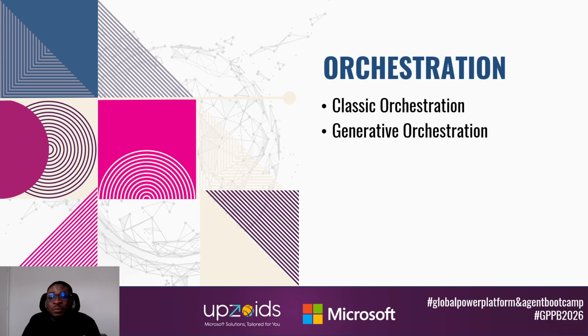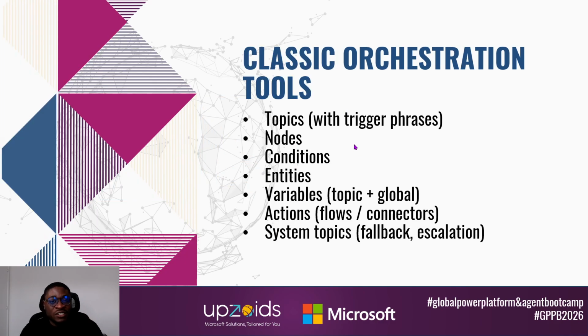So the big picture of how we actually go forward now is a mixture of both, where you maximize your generative orchestration, but you can still have some of that classic feel when you want it, so you keep control even when the AI is making a lot of decisions by itself. In classic orchestration, we have topics with trigger phrases.